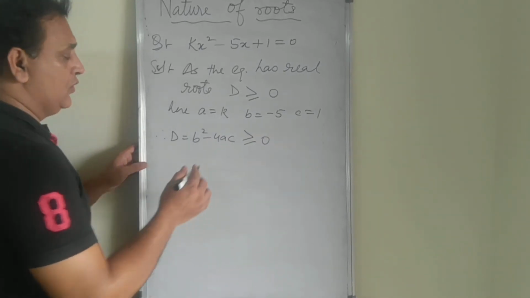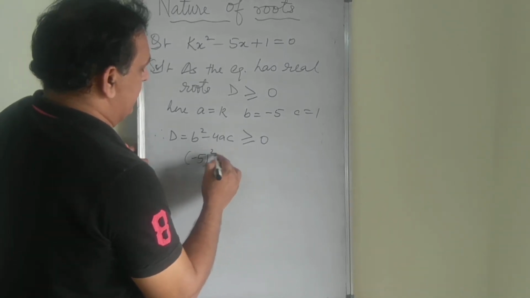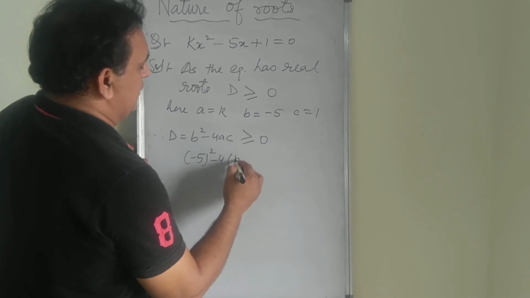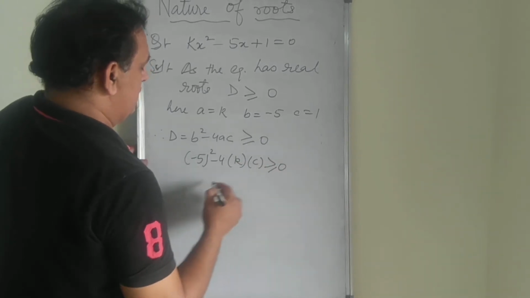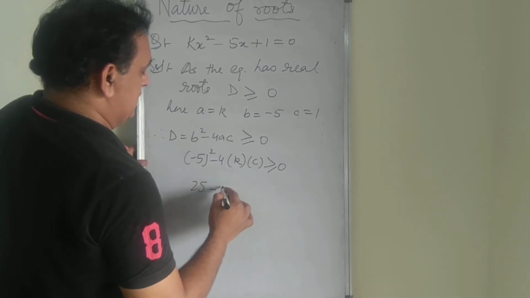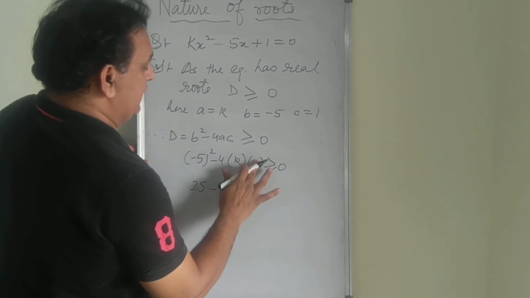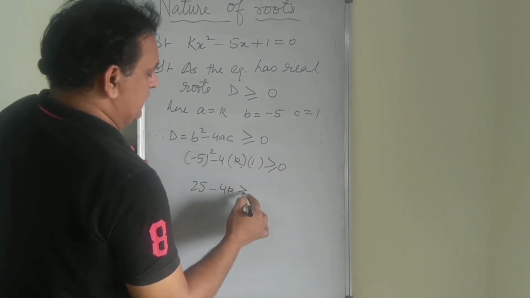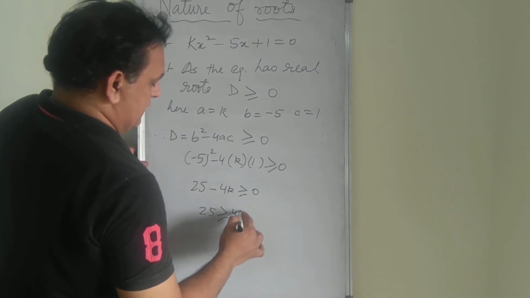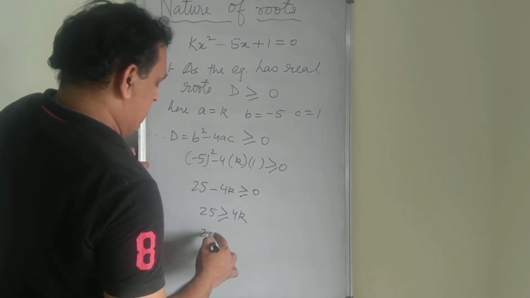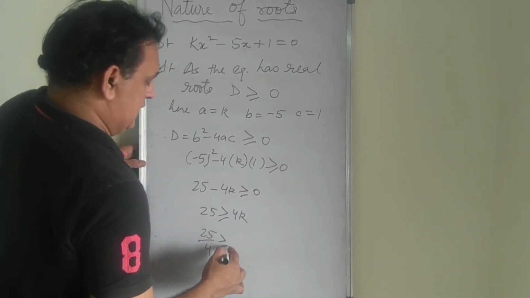So we substitute: minus 5 square minus 4 into k into c is greater than or equal to 0. So 25 minus 4k, and c has the value 1, so 25 minus 4k is greater than or equal to 0. So 25 is greater than or equal to 4k, so 25 by 4 is greater than or equal to k.